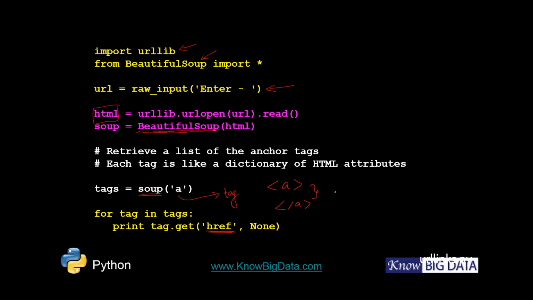That's the hyperlinks. So we are figuring out all the hyperlinks in the A tag, inside the A tag, correct?